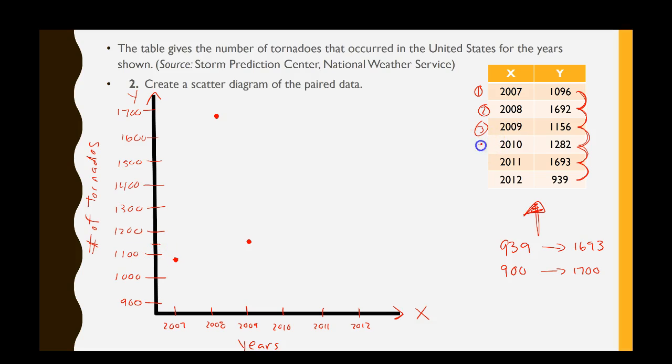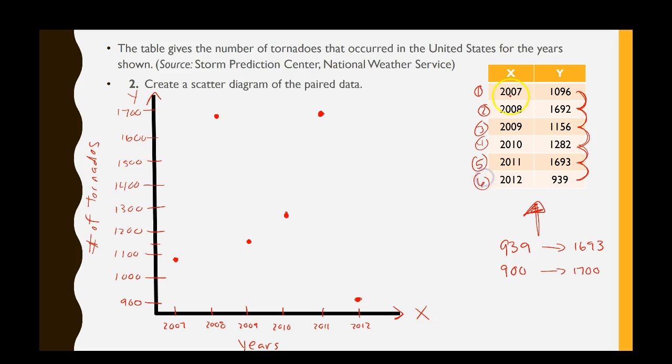All right, and then for 2010 was 1282. So we'll put it slightly down from 1300. 2011 is back up again, slightly higher than that last one, but just by one tornado. And then 2012 was 939. That was my lowest, so it's slightly lower than half of that. Put it about there.